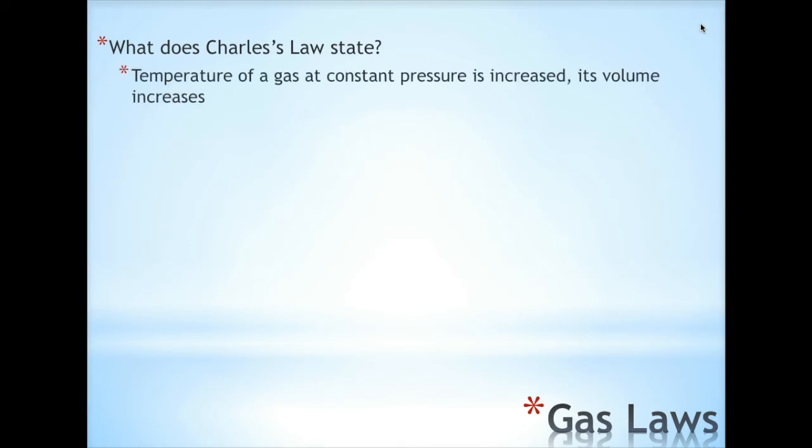Gas laws. What does Charles's law state? That when the temperature of a gas at constant pressure is increased, its volume increases also. So you're not increasing the pressure. The temperature increases, the pressure stays the same, the volume is going to increase.